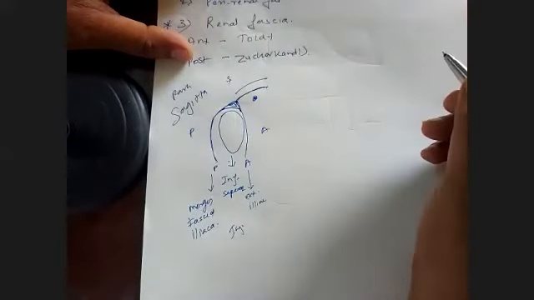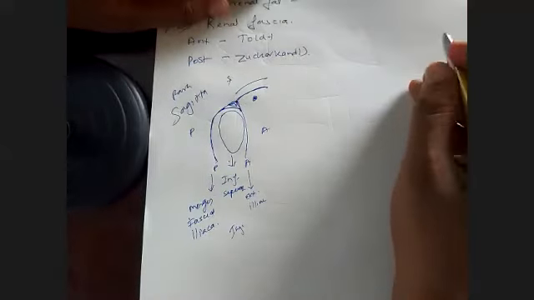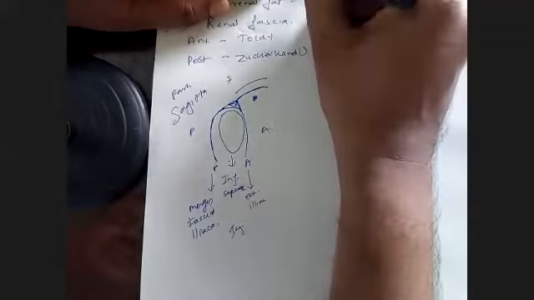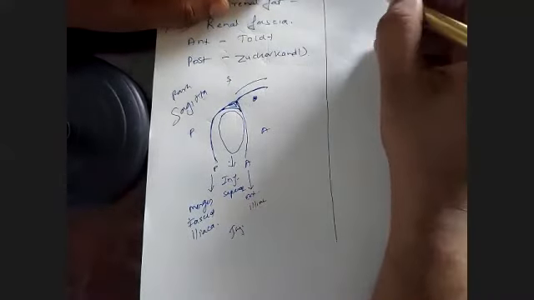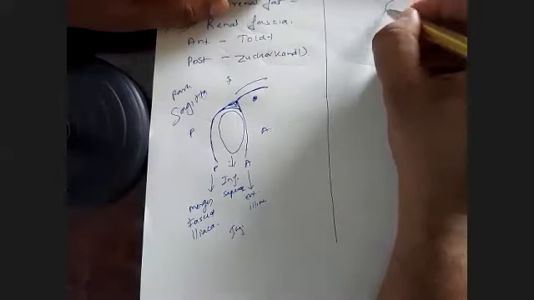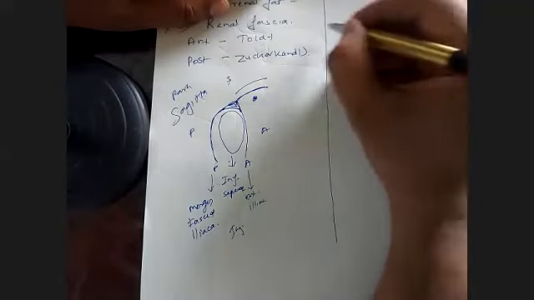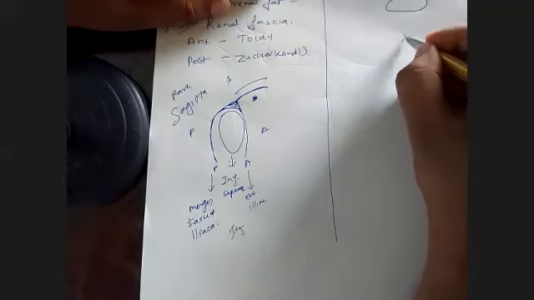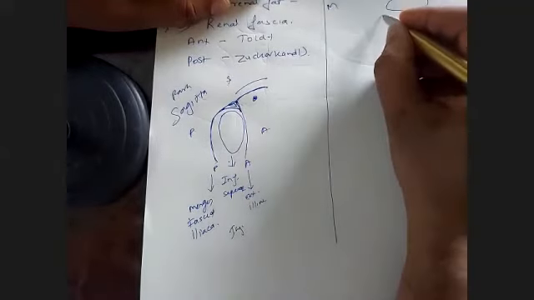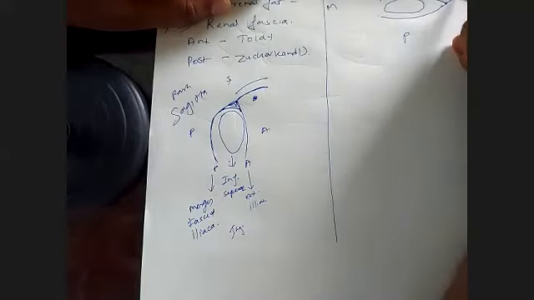Now when we look at the transverse section, transversely what happens is, suppose this is the kidney and this is the anterior layer, and this is the lateral side, this is the anterior side, this is the posterior side, this is the medial side. So laterally both the layers unite, and then they are continuous with fascia transversalis.